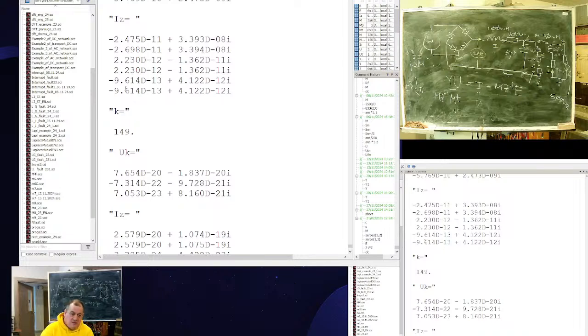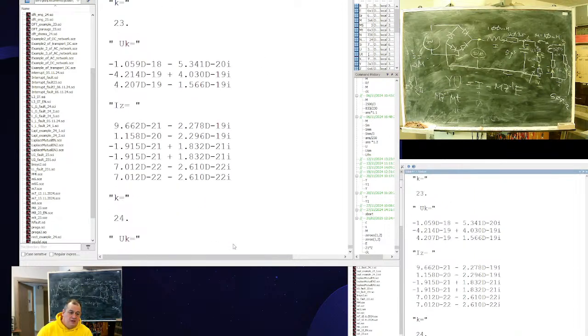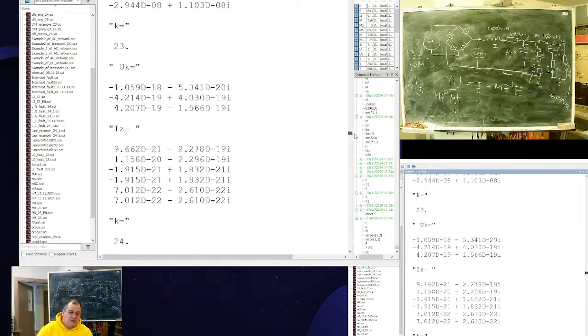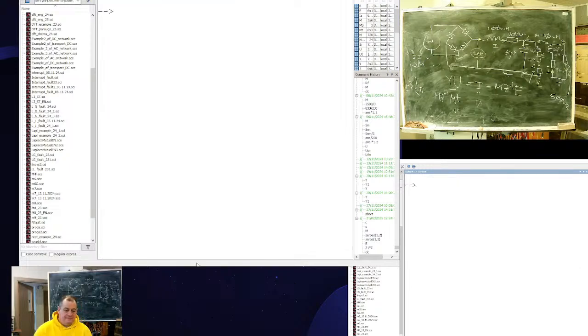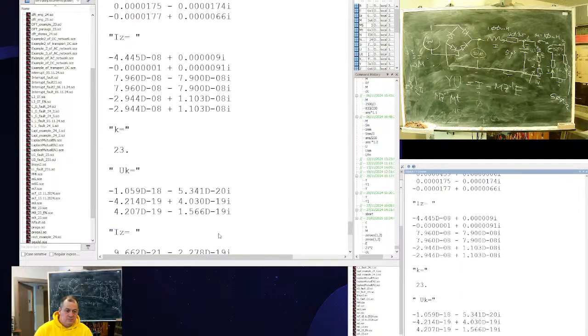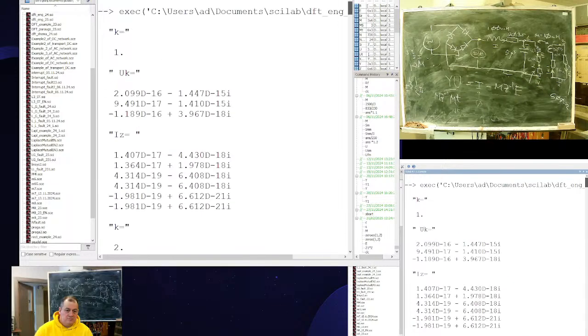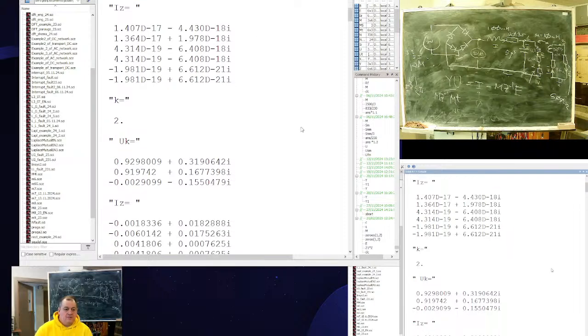Can I speed up the process? I will return to a more precise solution. Got voltages. Okay.